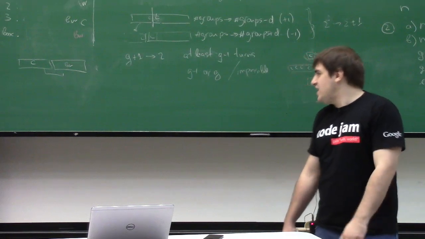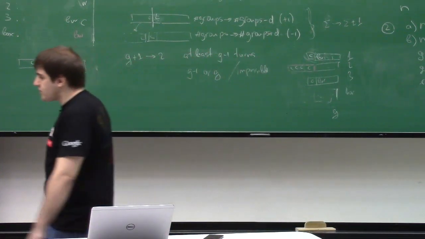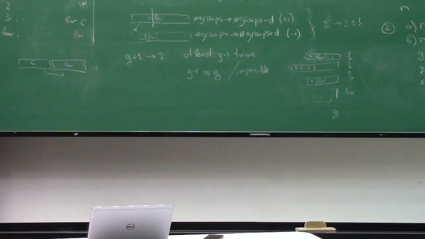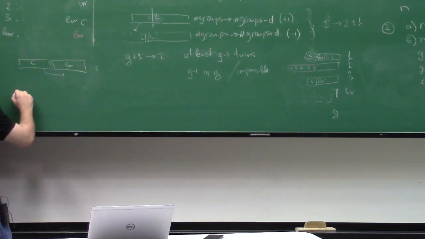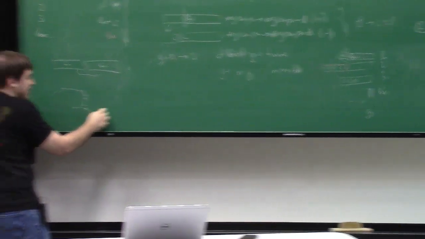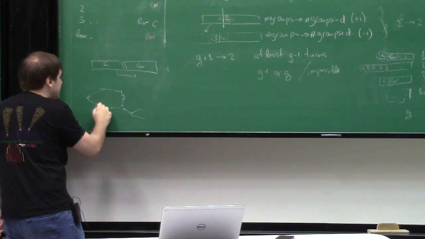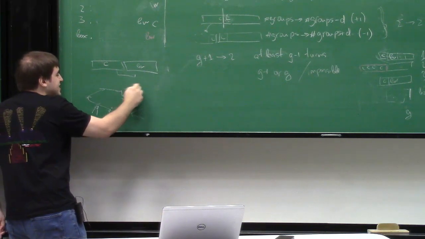So the idea in that problem was the following: you had to calculate the number of equivalence classes of graphs that consist of cycles with trees attached.